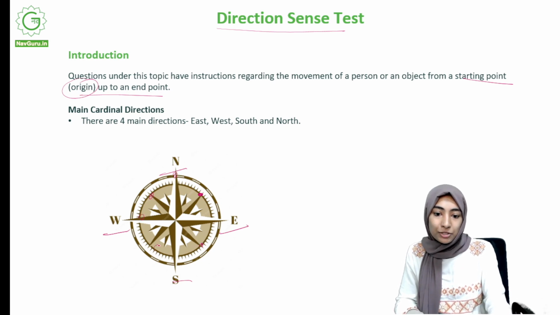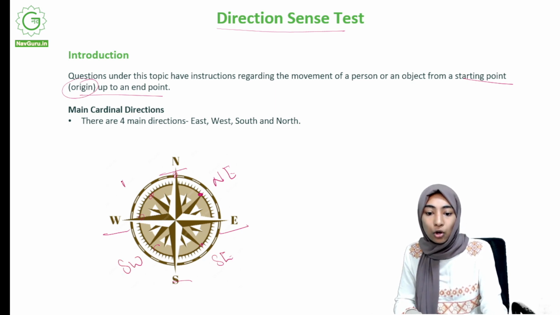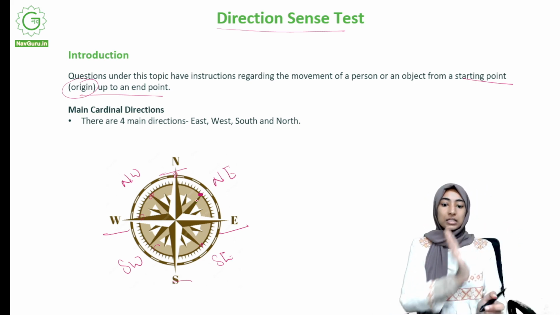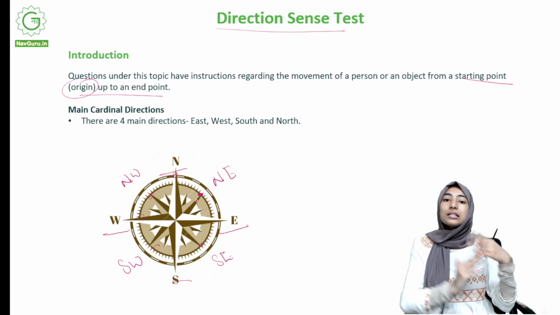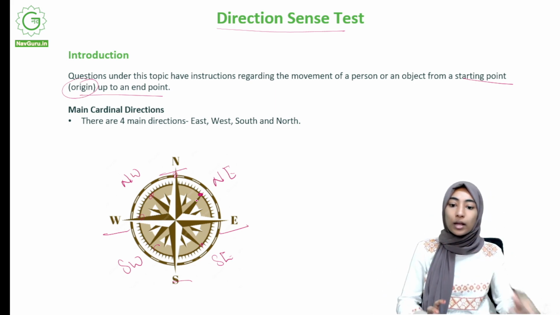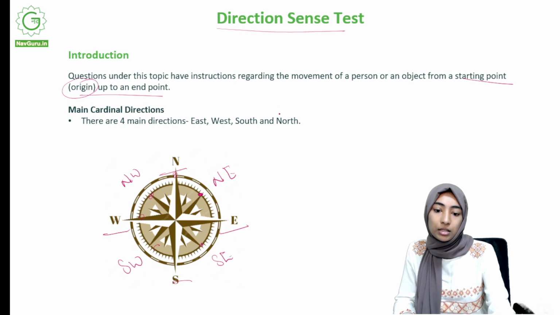These four spikes mention northeast, southeast, southwest and northwest. Northeast is between north and east, southeast is between south and east, southwest is between south and west, northwest is between north and west. These are called subdirections.